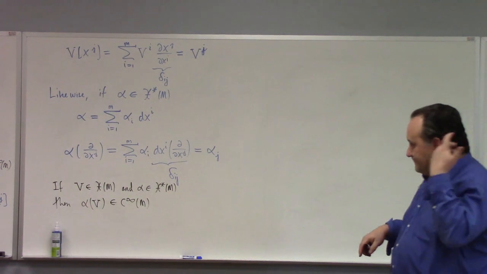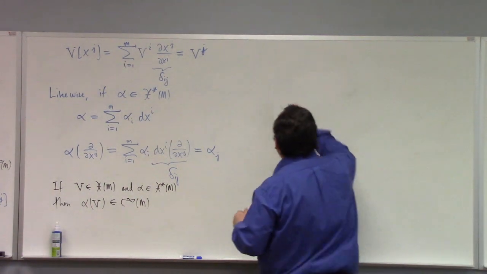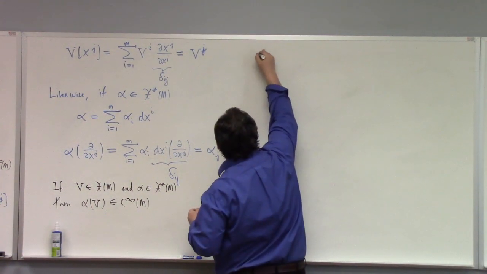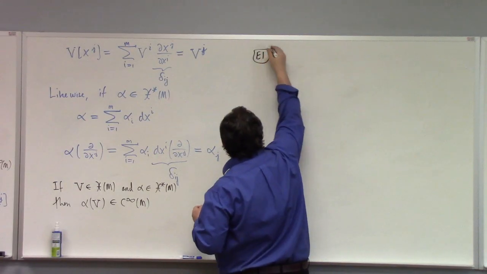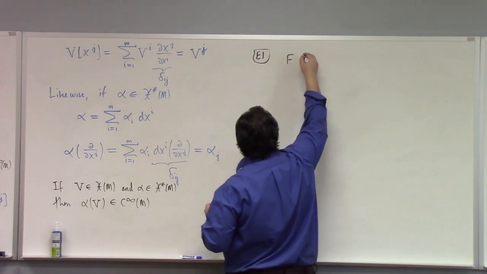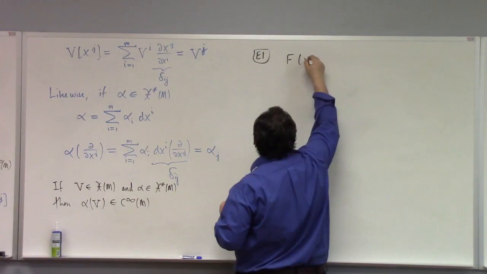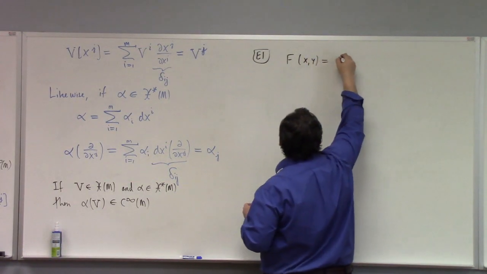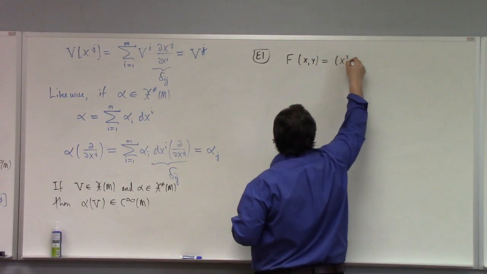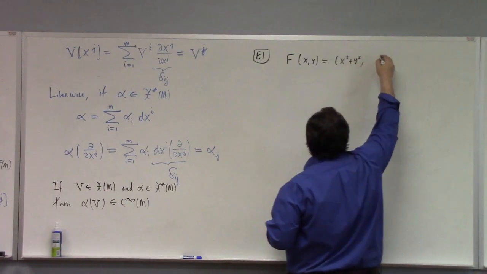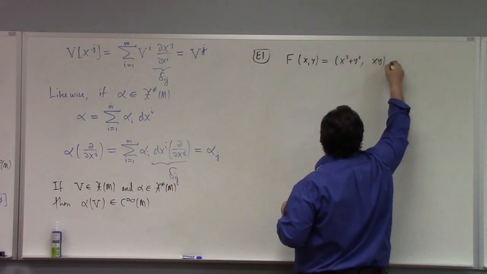Like, and again, I'm distracting from my current lecture, but you'll forgive me. If I had f of xy equals x squared plus y squared and xy, right?